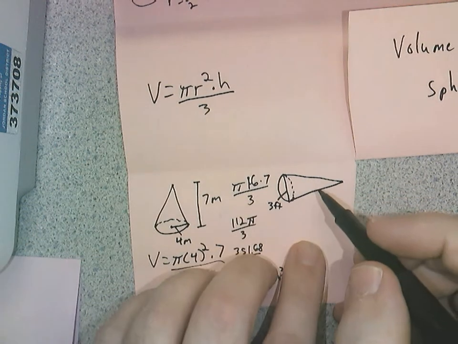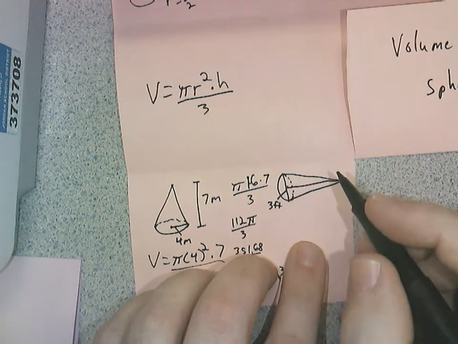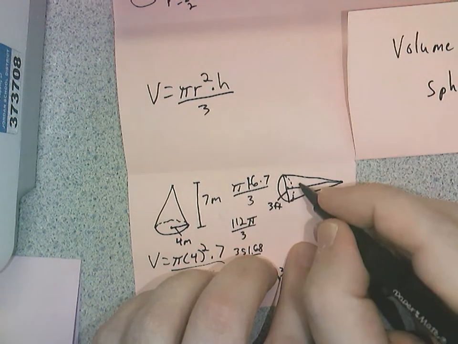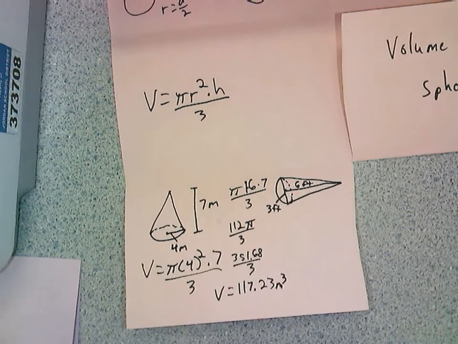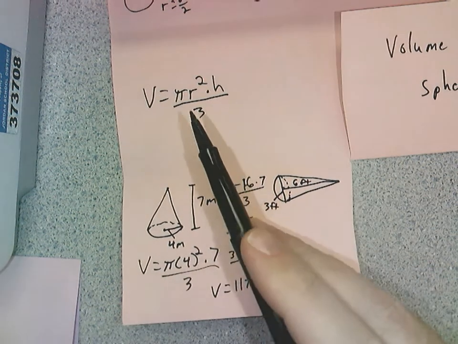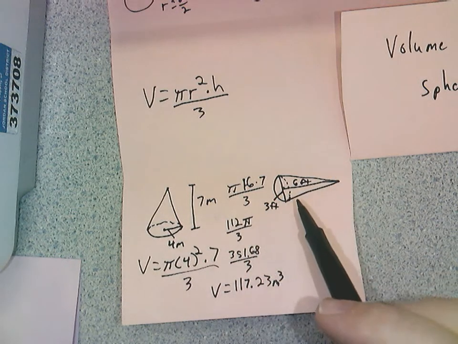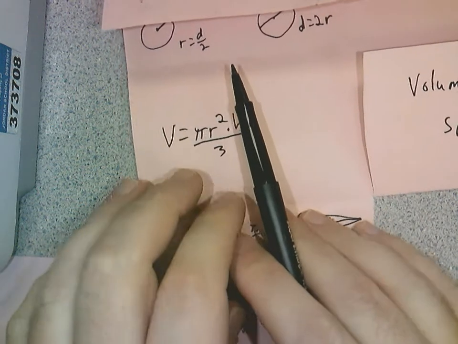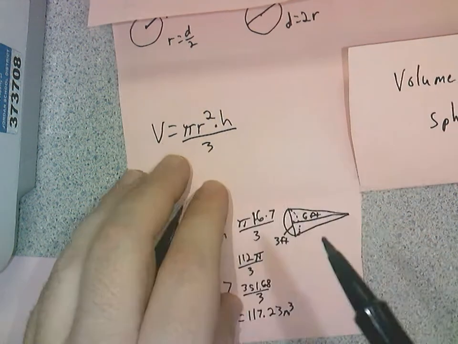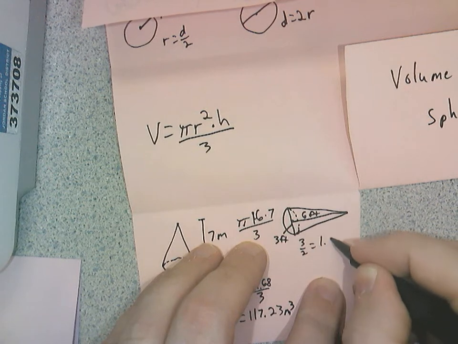Okay, and then let's do a height of 6 feet. Okay, so again, my formula wants a radius. So I don't know a radius, I have a diameter. Diameter is 3 feet. In order to find the radius, I need to take the diameter divided by 2. So 3 divided by 2 is going to equal 1.5.